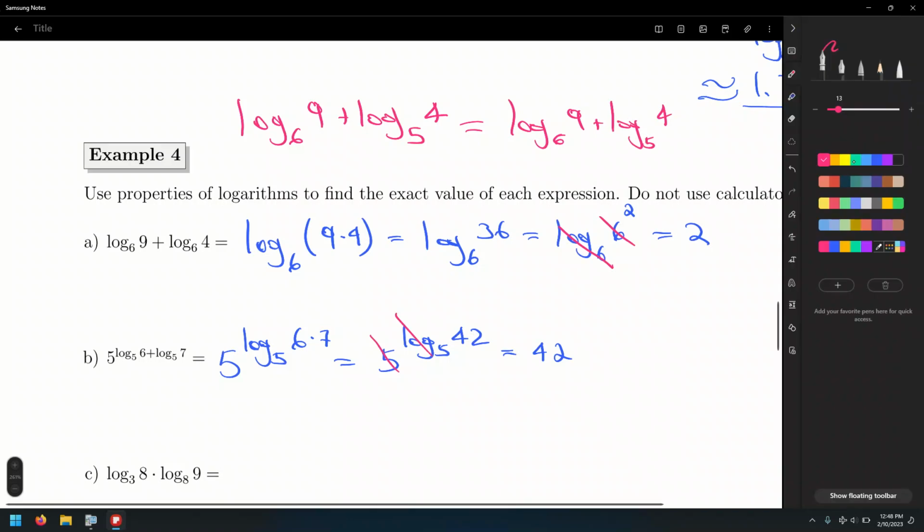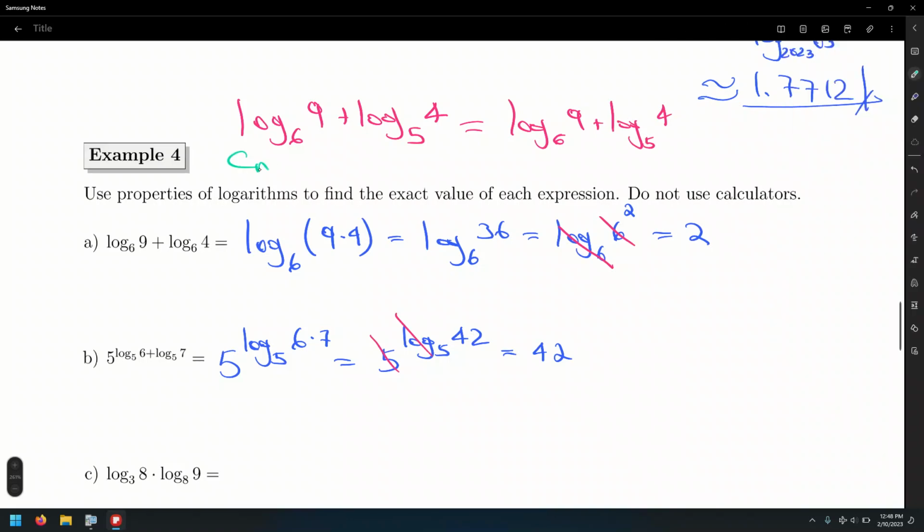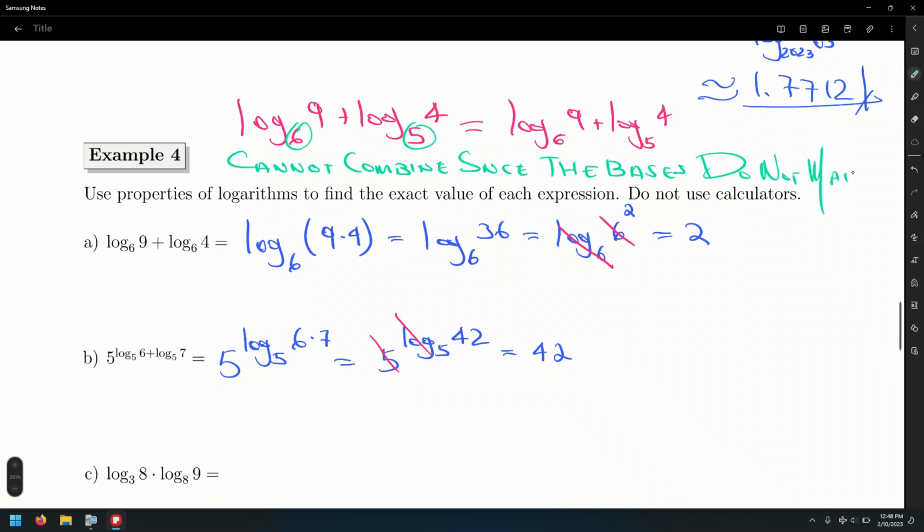As a side note here, we cannot combine them since the bases, that is, these subscripts right here, do not match. That's why.